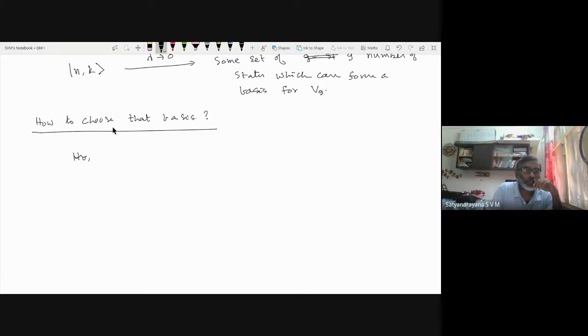So we know that |n0,k⟩, k equal to 1, 2, etc. up to g, are basis eigenstates of H0 with eigenvalue En0.